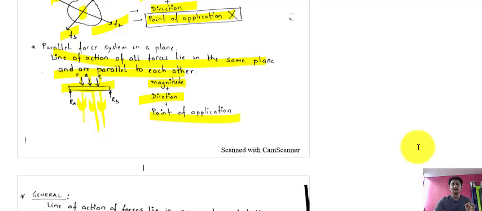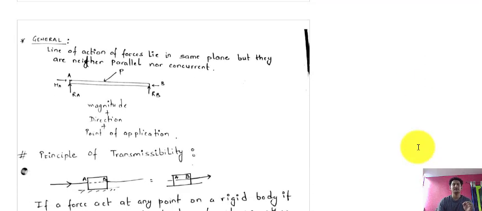Okay, the third one is the general loading case, in which the lines of action of forces lie in the same plane but they are neither parallel nor concurrent. It is inclined on the beam, whereas this reaction force Ra is going upwards, Rb is going upward, Ha going here, Hb will be going here, and it is inclined.